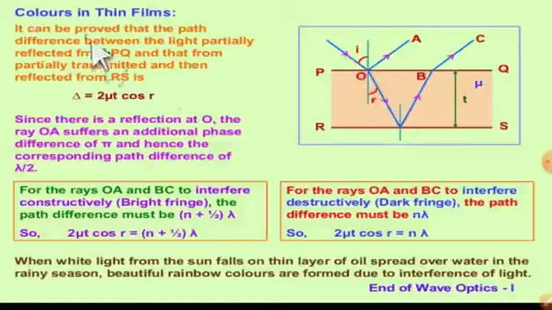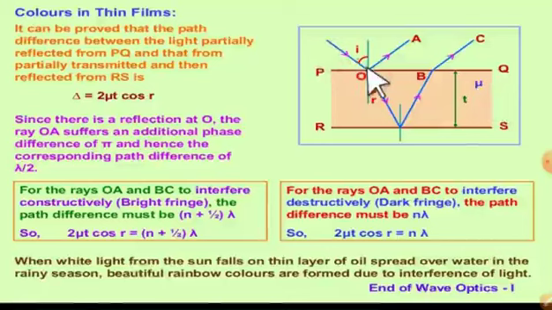So colors in thin films, it may be an oil film or it may be detergent or soap bubbles also, you can see it like this. Now what happens when light is incident on this? Take this as an oil film having refractive index mu.